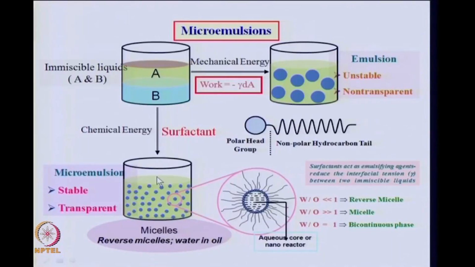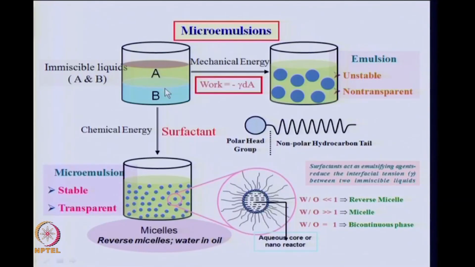So, again to show you pictorially what is happening, you have two liquids, one you can consider the aqueous phase and the other the non-aqueous phase, and the two are immiscible like oil and water, and you will have an interface where the oil and water meet.